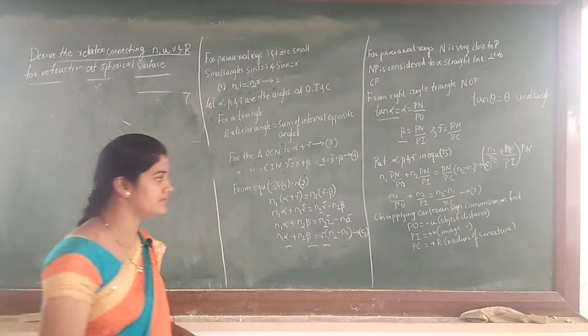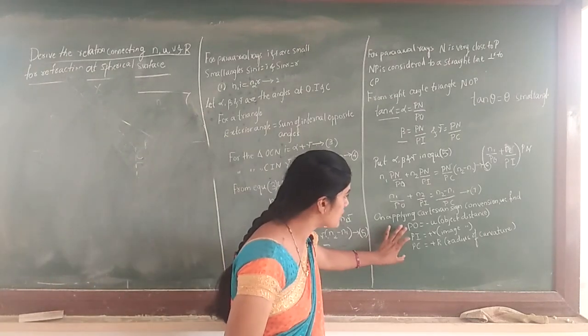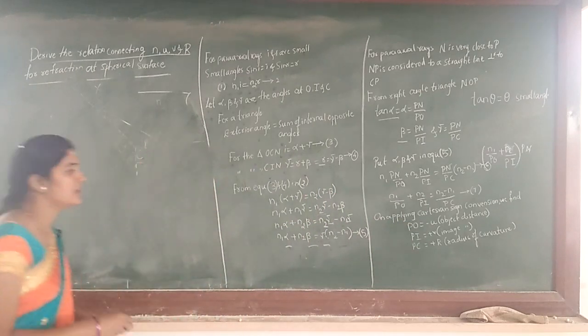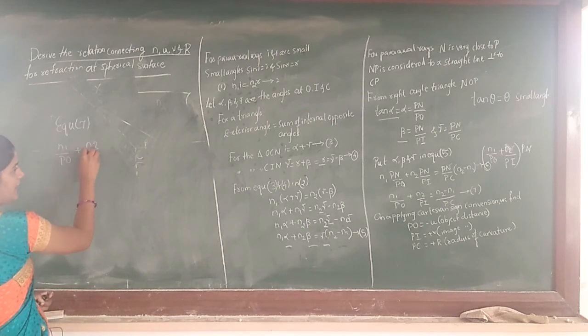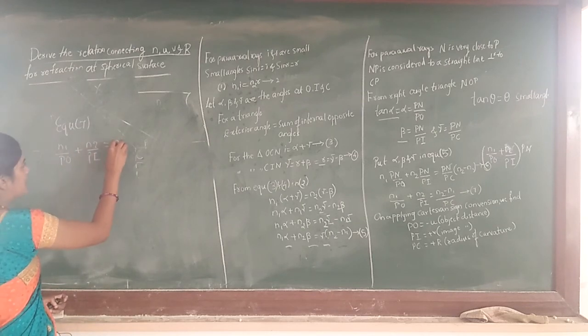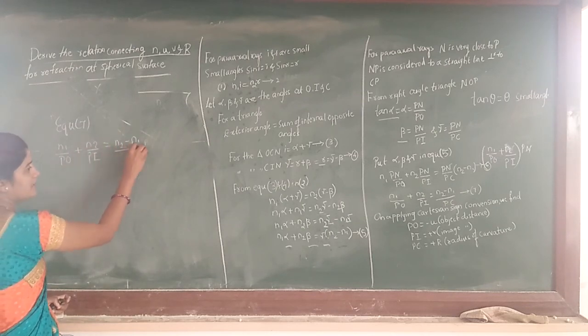Now from here, Po, Pi, Pc, put these values in equation 7. Putting in equation 7, equation 7 is n1 by Po plus n2 by Pi is equal to n2 minus n1 by Pc.